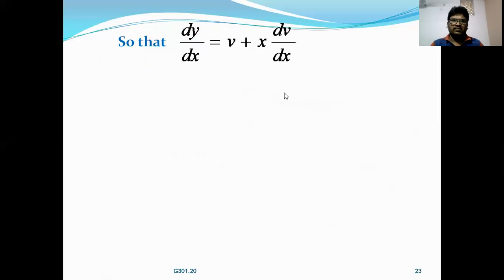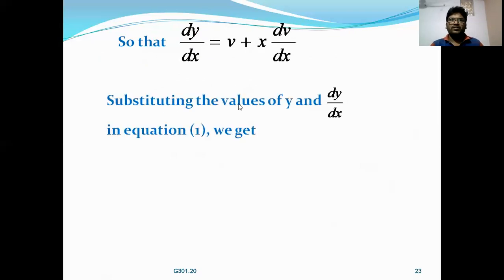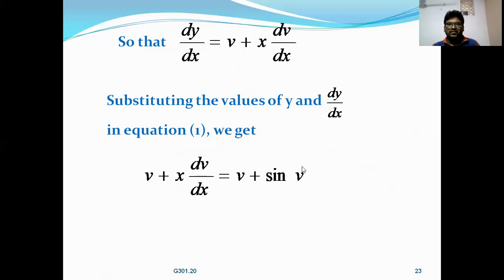So after differentiating the function y is equal to vx, we will get dy by dx is equal to v plus x dv by dx. Next, substituting the values of y and dy by dx in equation number 1, the equation becomes v plus x dv by dx on the left side, and on the right side v plus sin v, since y by x becomes v.